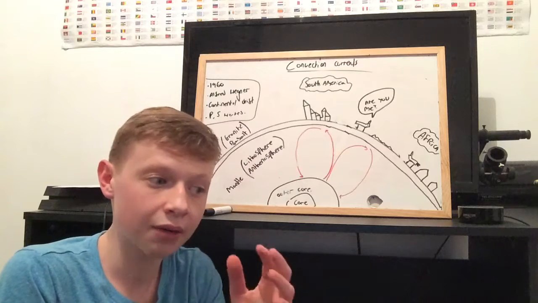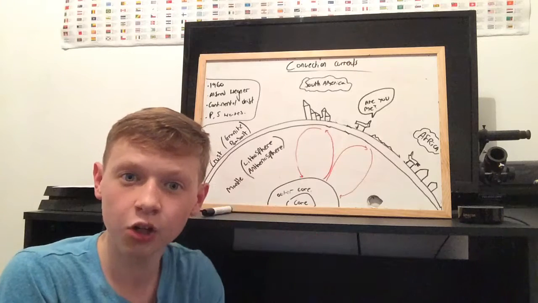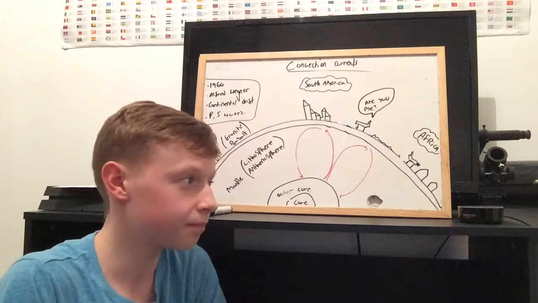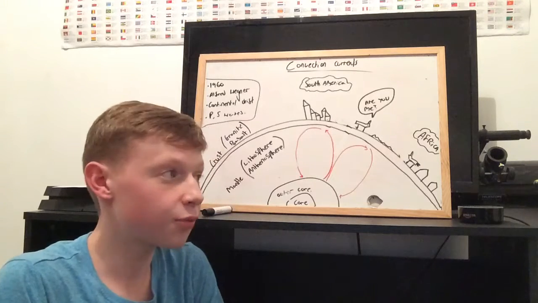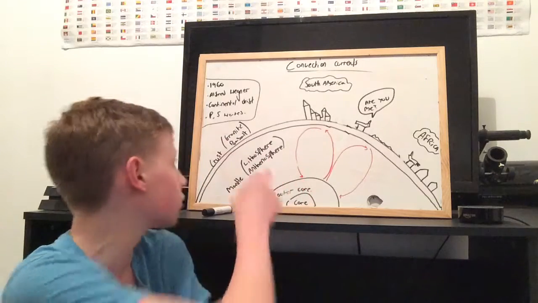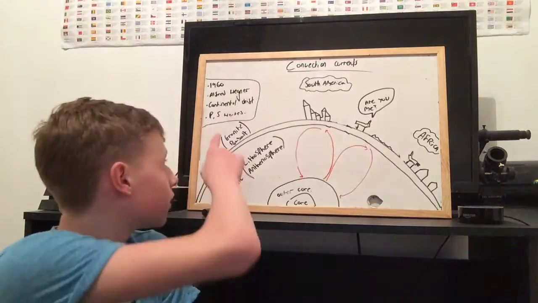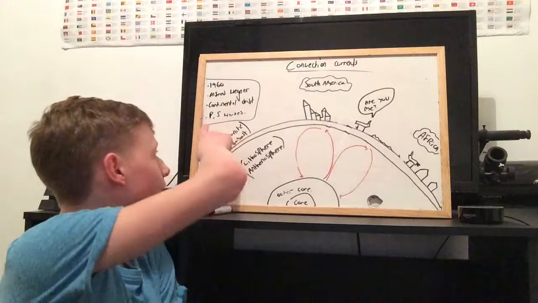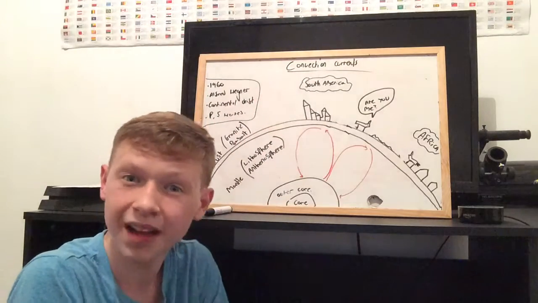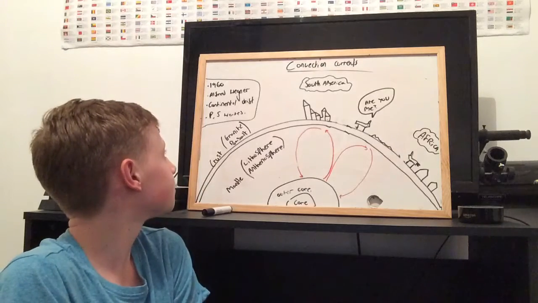He didn't really know how to explain what was happening, so all of his fellow scientists thought he was going loopy, but he wasn't. So Alfred Wegener is kind of the founder of this concept, and it did get backed up by new scientific equipment called seismography, I think it's called, and that's using P and S waves. But then again, we don't need to go into that, so I won't go into that.